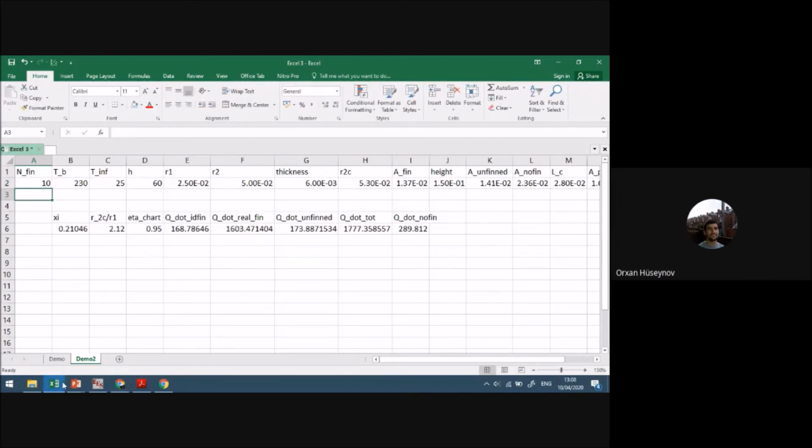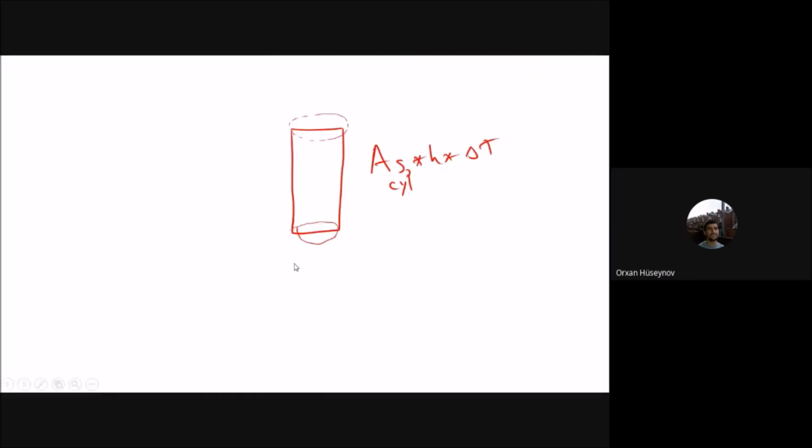What is the problem? The problem is that if you increase the number of fins, let's say that you have a lot of fins here. So you have one fin, another fin, another fin, another fin. So lots of fins make a problem here because the gap for air to travel decreases.